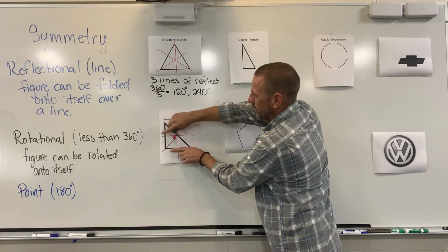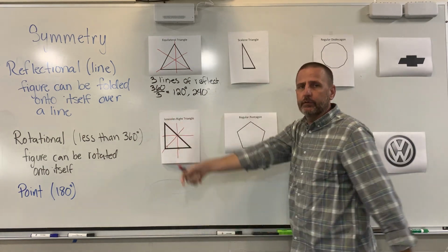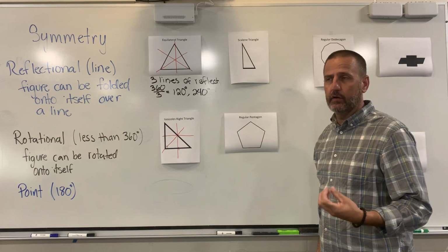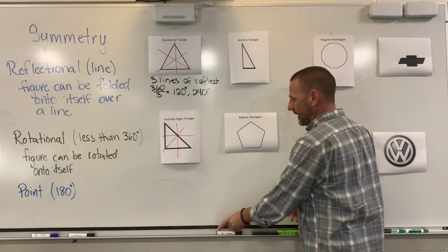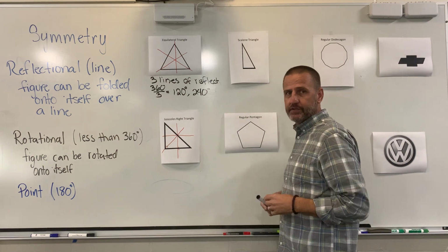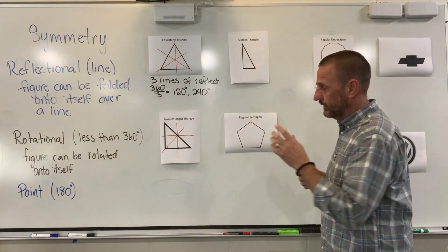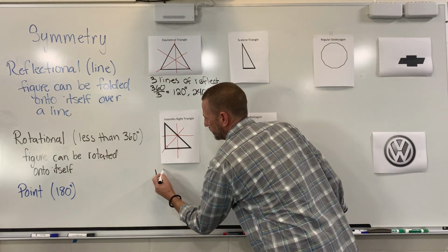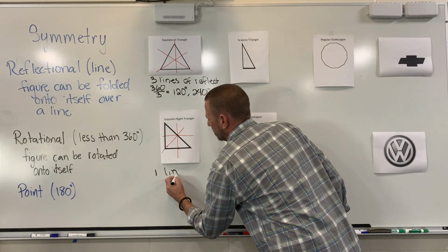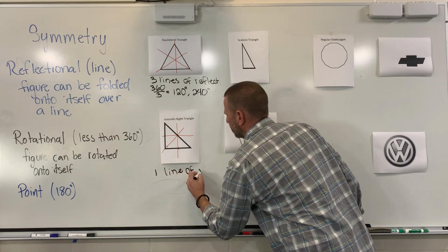So they created something that I could mirror image over on itself and create a line of symmetry. So because it had two matching angles, I produced, in this case, a line of symmetry. So I have one line of symmetry of reflectional.